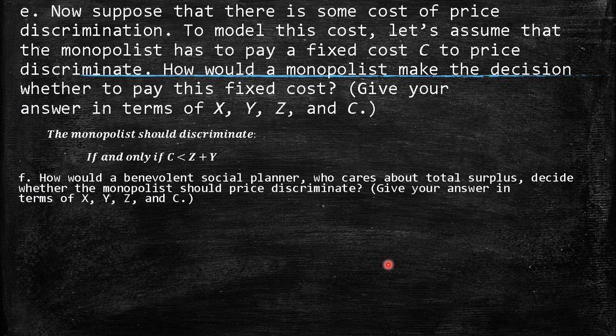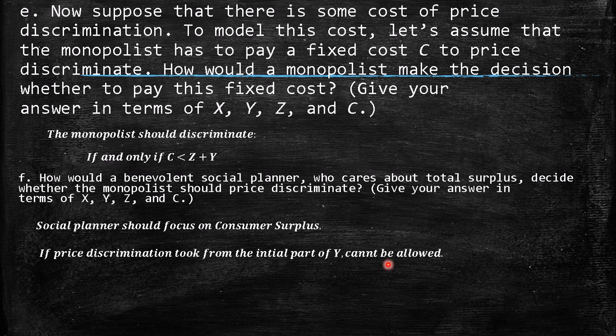And the F part says, how would a benevolent social planner who cares about total surplus decide whether the monopolist should price discriminate? Give your answer in terms of X, Y, Z, and C. So the idea is that the social planner should focus on consumer surplus. They want to maximize the welfare of consumers, but the price discrimination takes away the initial Y, which was the consumer surplus.